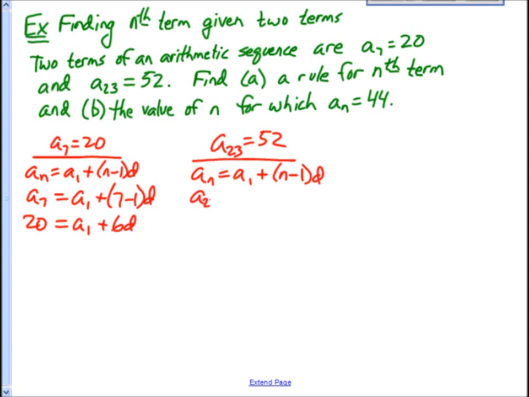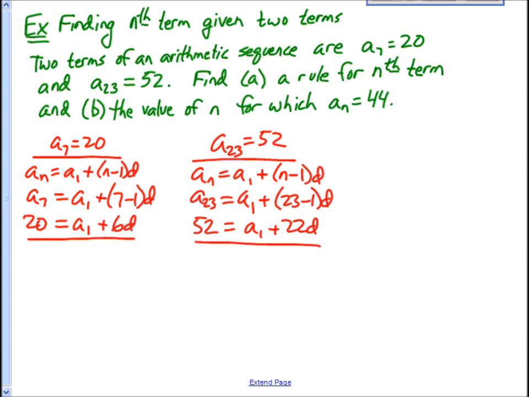So my 23rd term is 52. I'm going to write that again so I know my n. Okay, now you notice 20 equals a1 plus 6d, 52 equals a1 plus 22d. I have two variables, two unknowns, two equations.